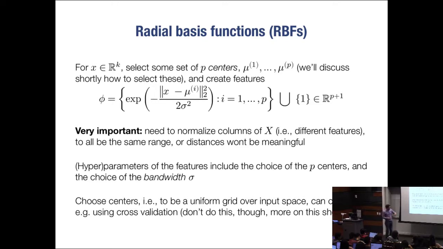We'll talk about that in a second, but also the bandwidth, the thing you divide by, which basically makes them more narrow or more likely to fall off to 0 quickly or stay near 1 for a long time. Those things also are hyperparameters that we have, just like the degree of our polynomial was a hyperparameter.